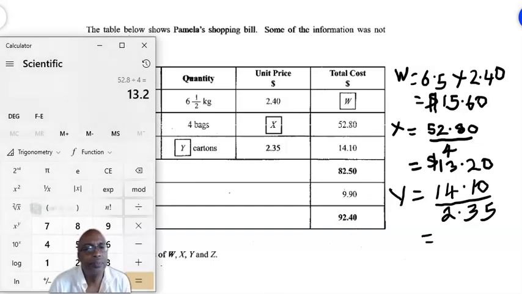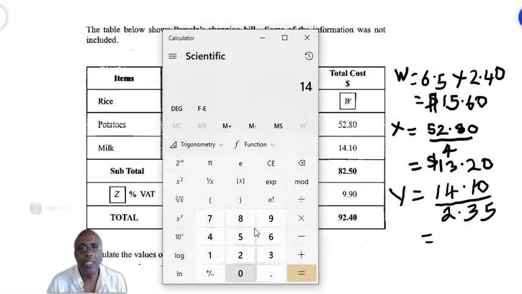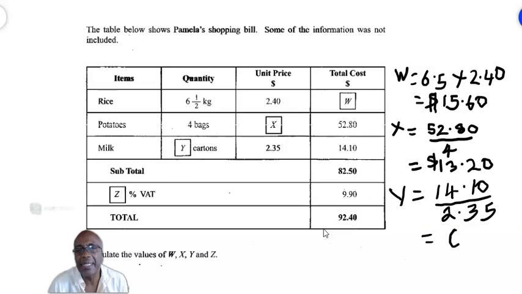Calculator. 14.1 divided by 2.35 equals, and we get the answer as 6. So Y equals 6.